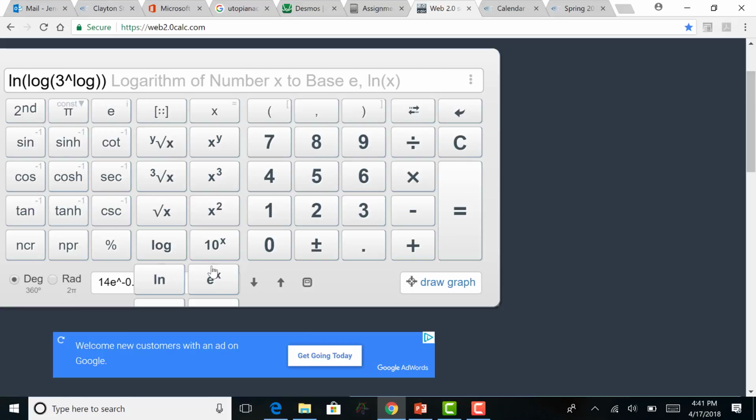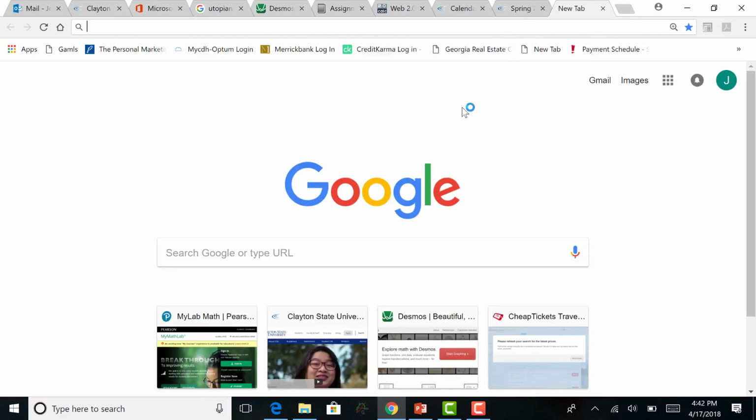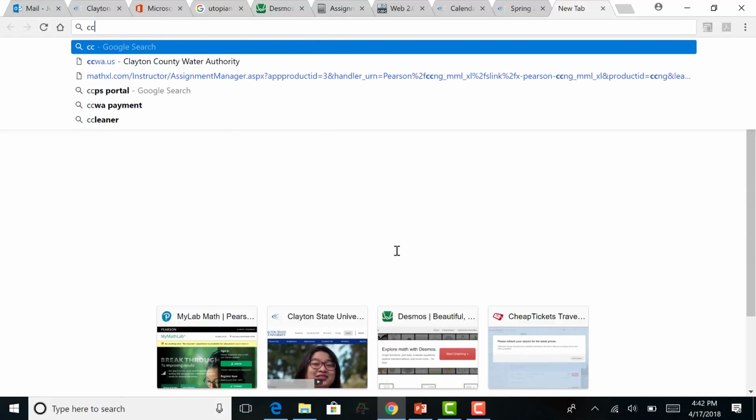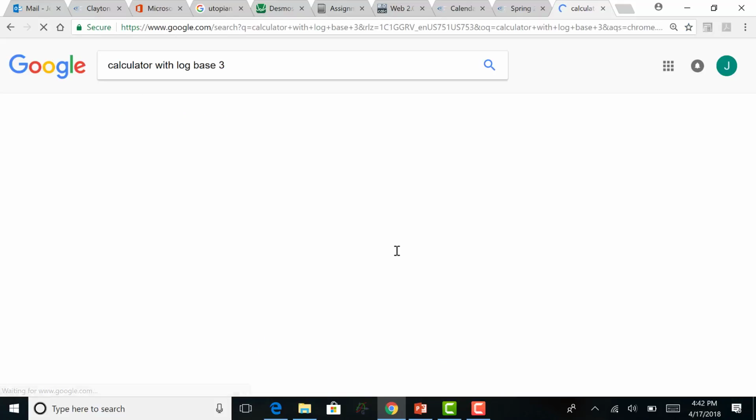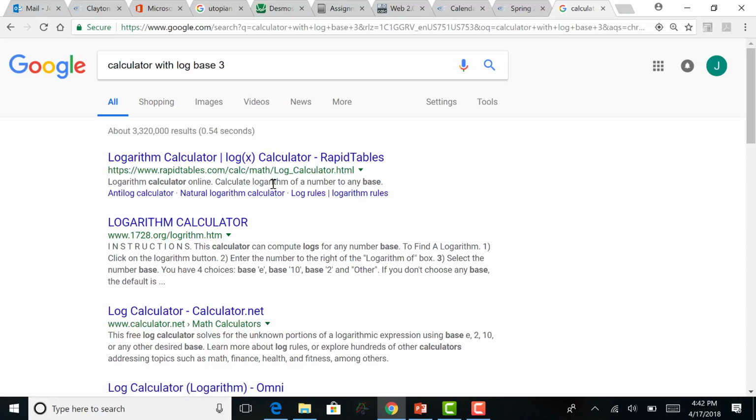I'm just trying to see where it put the base at, where I could change the base of it. And I don't see it here. Hold on, let me pull up a calculator that has... okay, I don't want to do that.